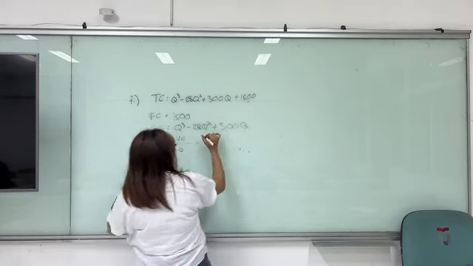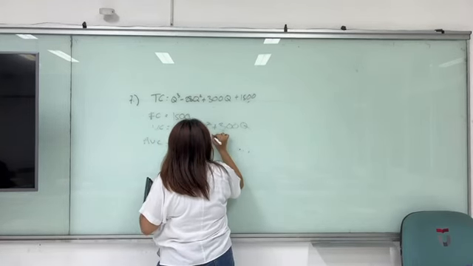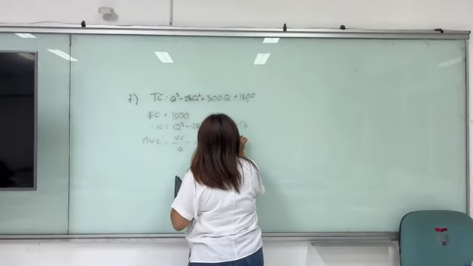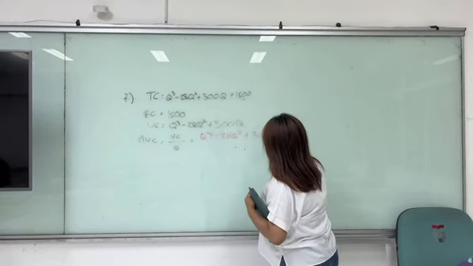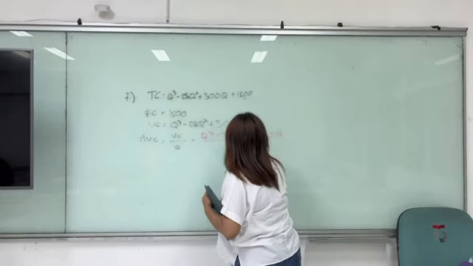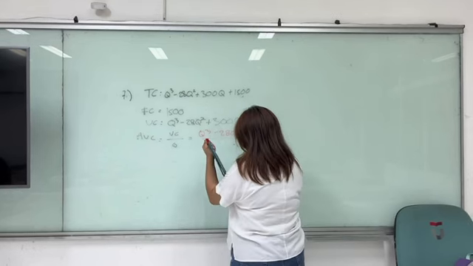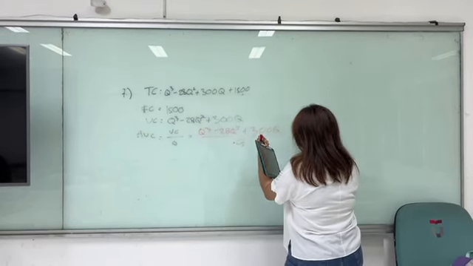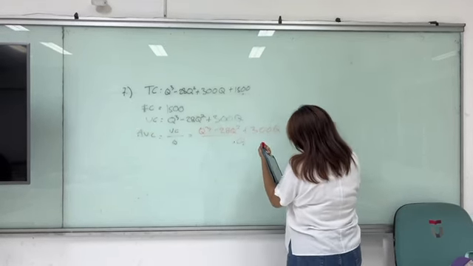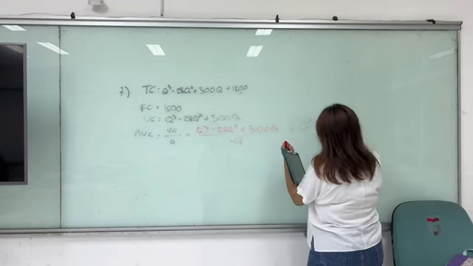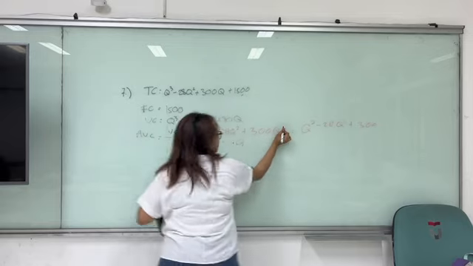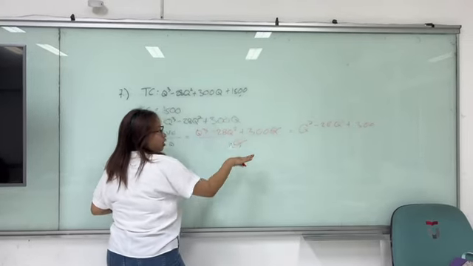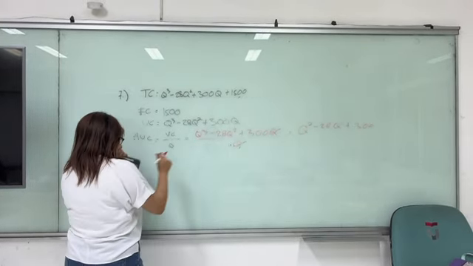So we put the variable cost first, plus Q per Q. So it will be Q squared plus 20 plus 100, because we have to show this one.